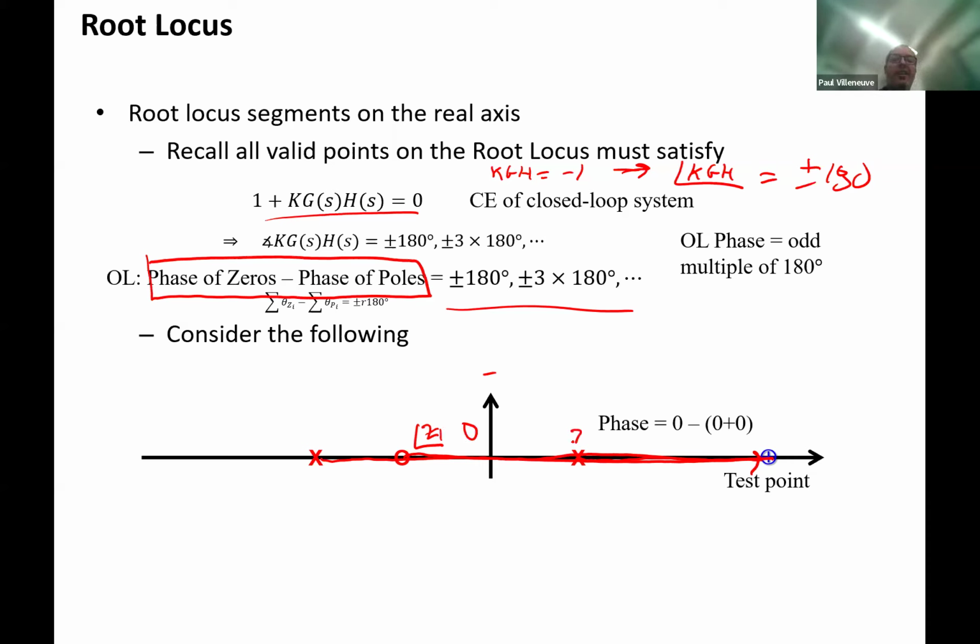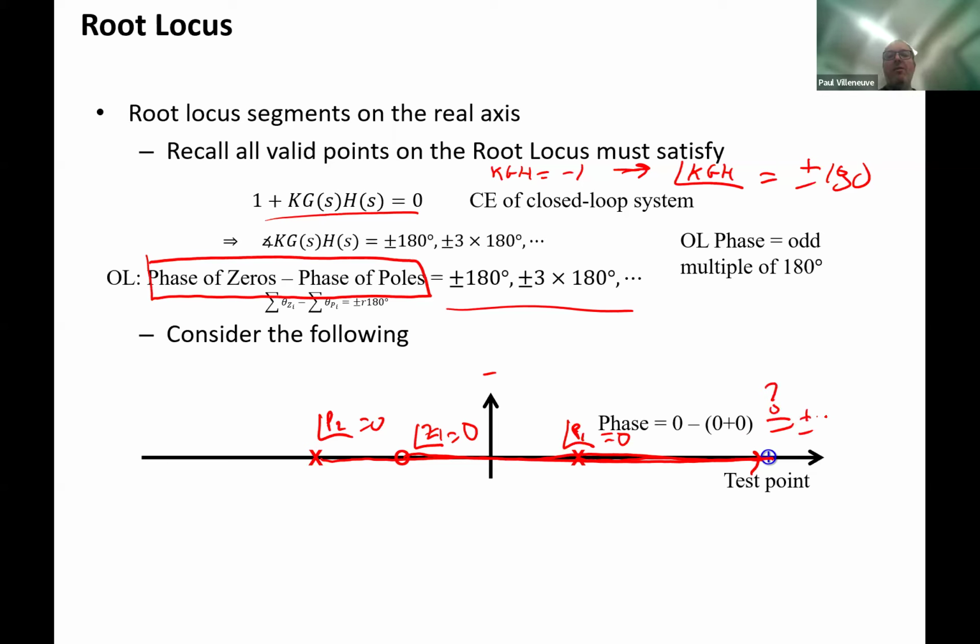The angle over this pole, not 0, is 0. The angle of this one is 0. So I've got my zeros, the angles of the zeros minus the angles of the poles. 0 minus the quantity 0 plus 0.